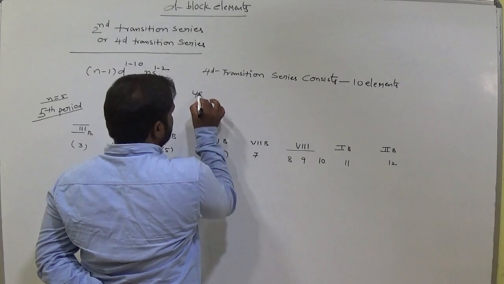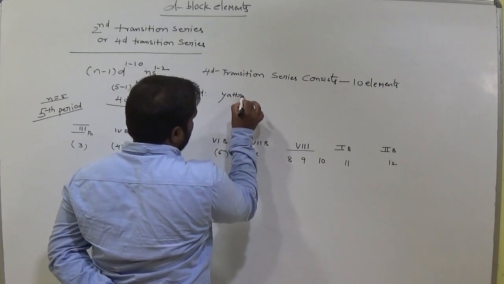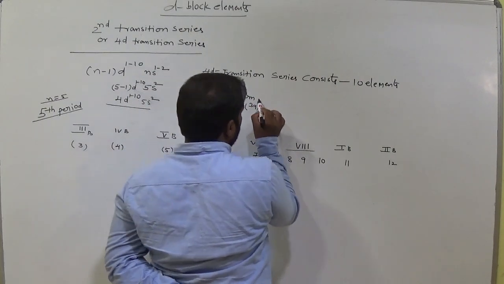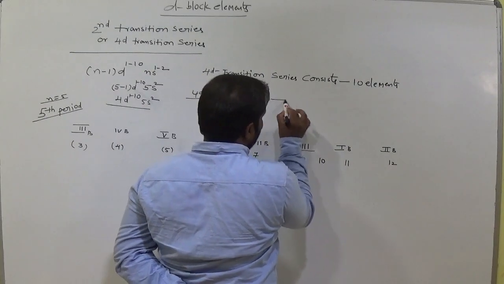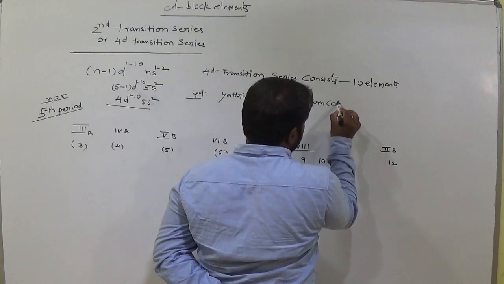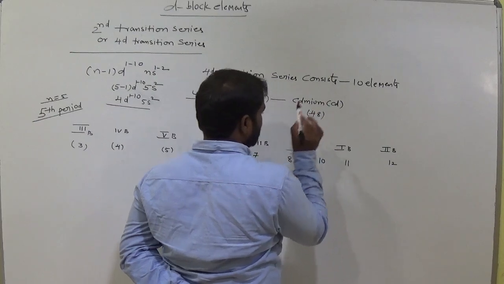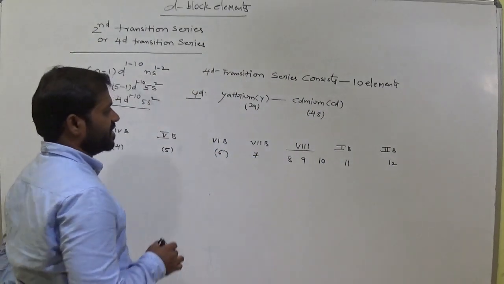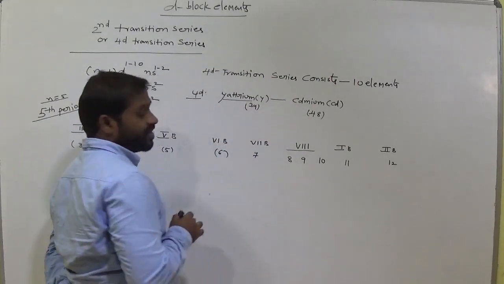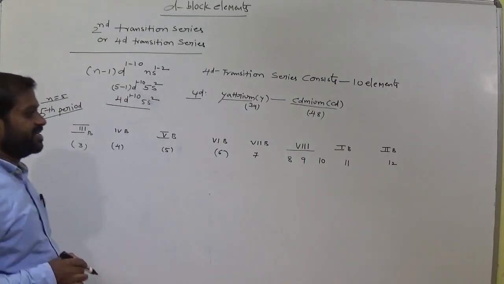The 4D transition series starts from yttrium, atomic number 39, symbol Y, to cadmium, symbol Cd, atomic number 48. So it goes up to the 48th element.